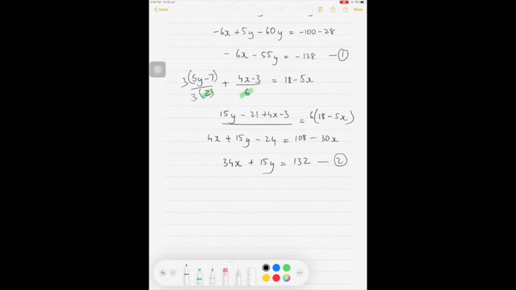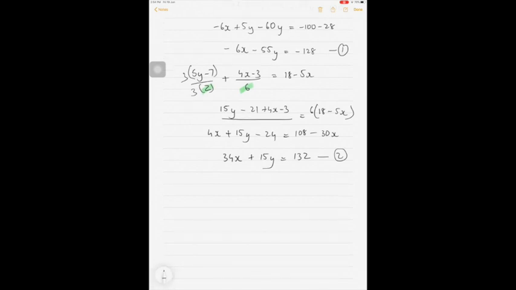So I believe to make y term same would be easier. Yeah, no, actually to make x term same would be easier. It doesn't make any difference though.